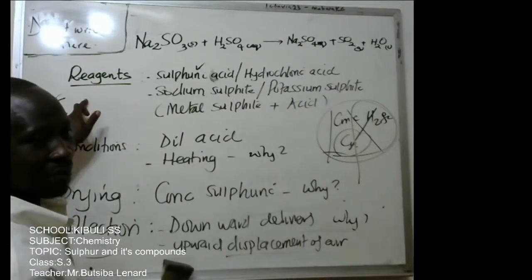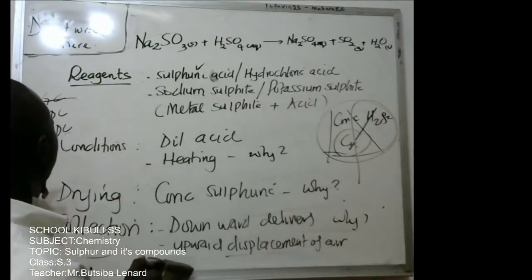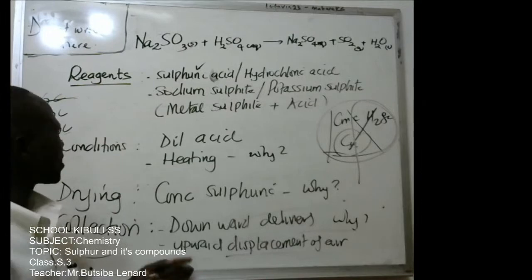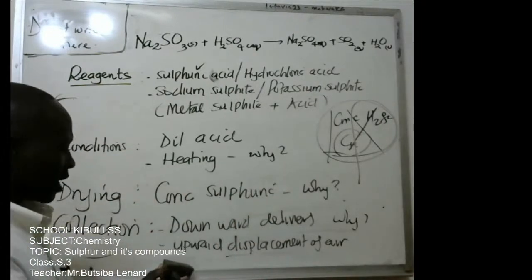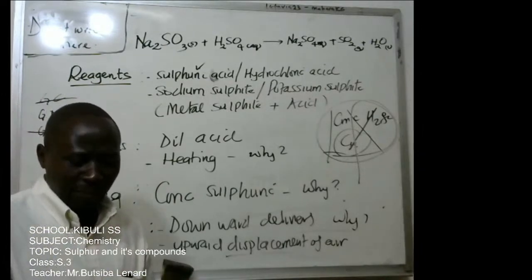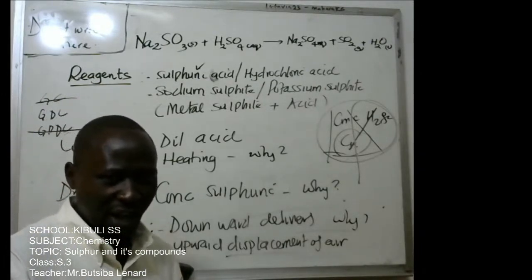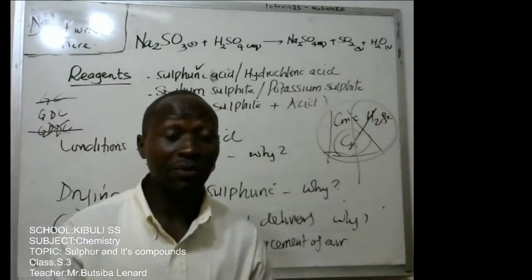Generate, collect. So it's not GC. Is it a GDC? Generate, dry, and collect. Is it a GPDC? No. GPDC is generate, purify, dry, and collect. So if you have to draw, how many setups do we have?